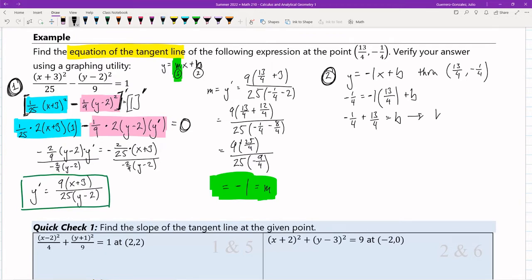Therefore, b should be equal to 12 over 4, which is 3. The final answer now: y is equal to negative 1x plus 3. And we are done.